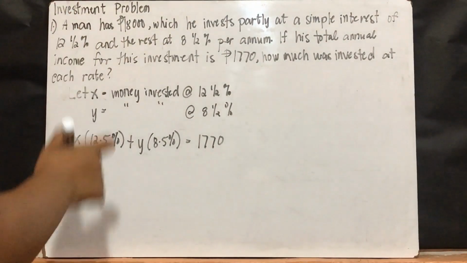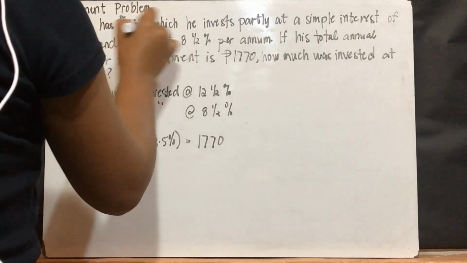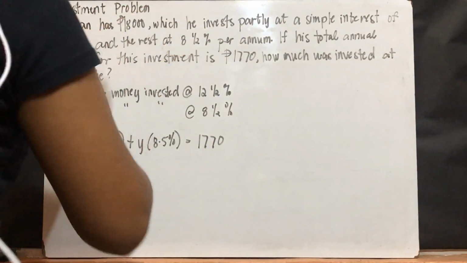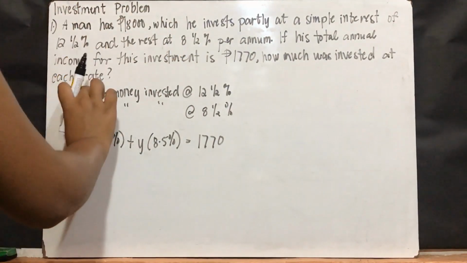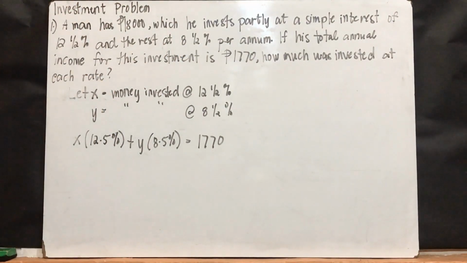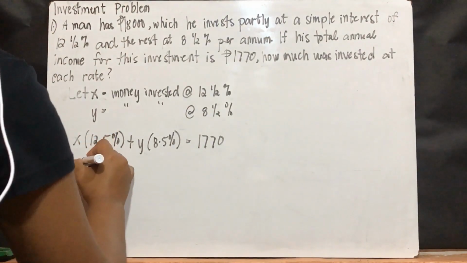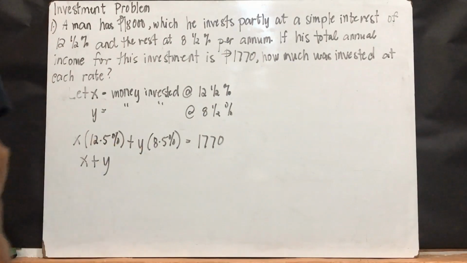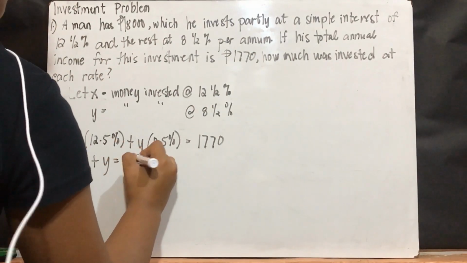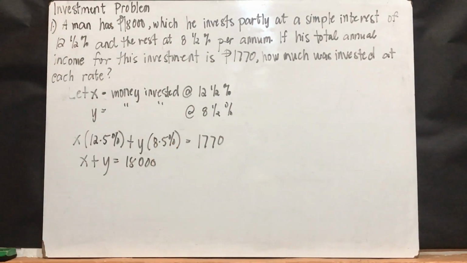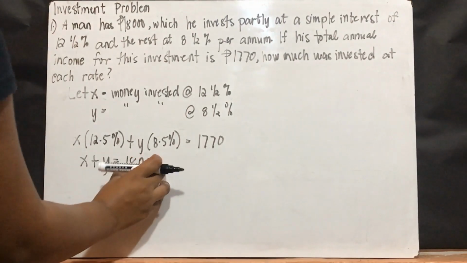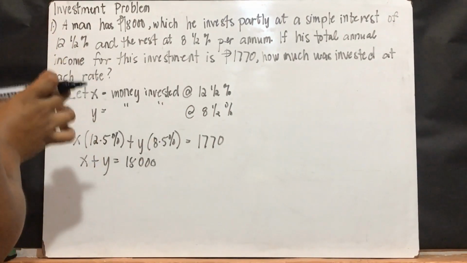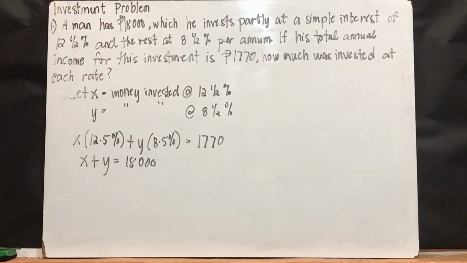And another equation, meron siyang 18,000 and yung 18,000 na yun, in-invest niya into two different simple interest. So, sabihin natin na yung X, yung money na to, plus yung Y, amount ng money is equal to 18,000. So, ito yung total na in-invest niya sa dalawang magkaibang interest. Okay? Magkaibang interest na investment.